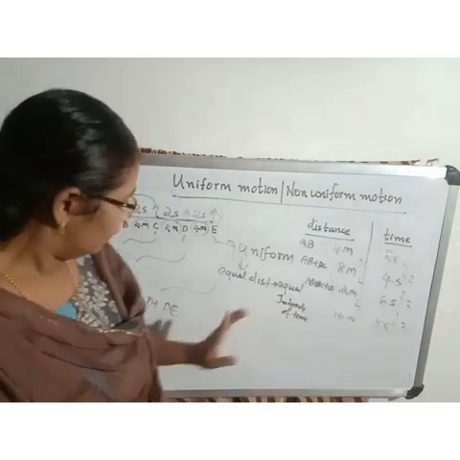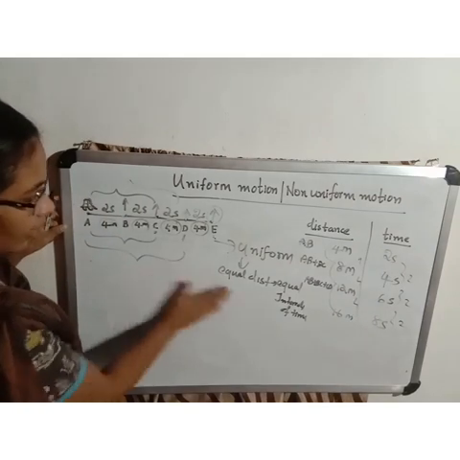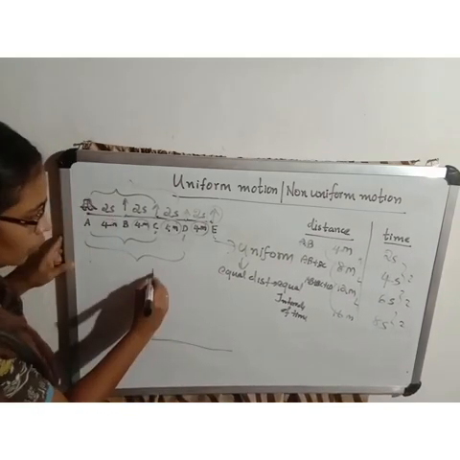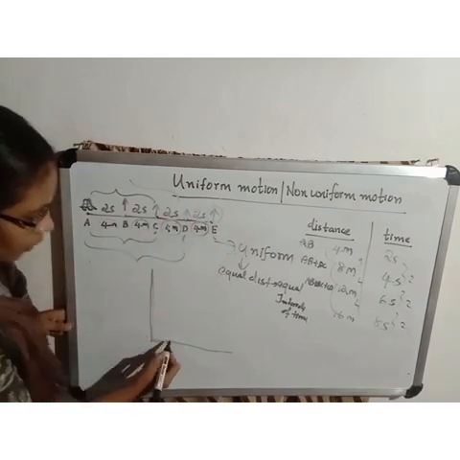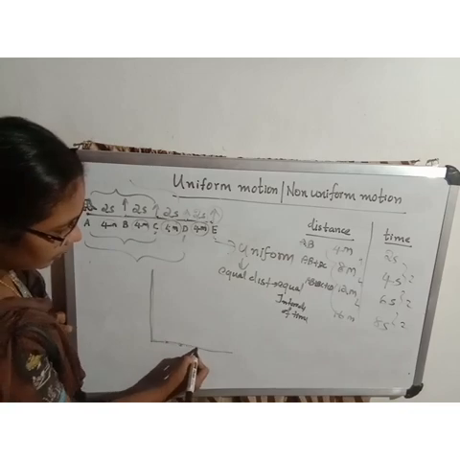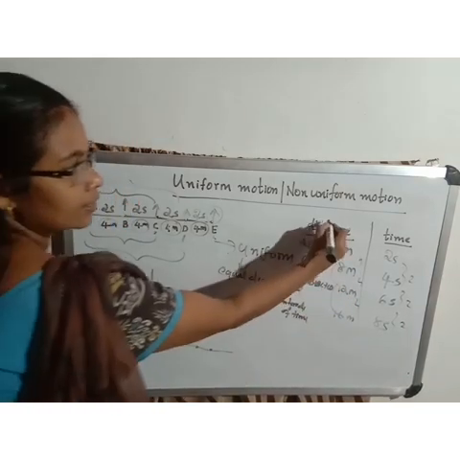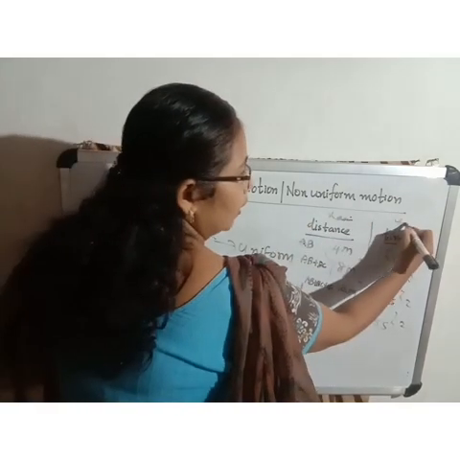Now I am going to plot this distance-time data in a graph. I want to plot the motion in a graph. The distance values I am taking are 4, 8, 12, 16. I am taking distance on the x-axis and time on the y-axis.